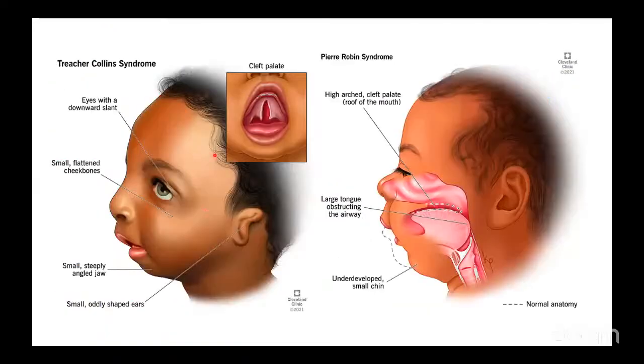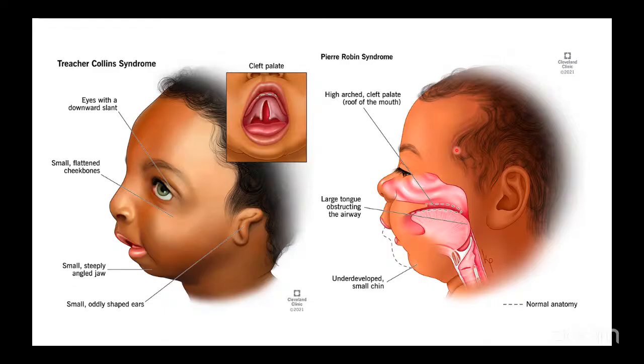As for the first pharyngeal arch syndromes, there's two major ones, Treacher Collins syndrome. And here are the symptoms of that, or signs of that. You have eyes with a downward slant, small cheekbones, small jaw, and small ears which are low set. All right. You also have cleft palate. Okay.